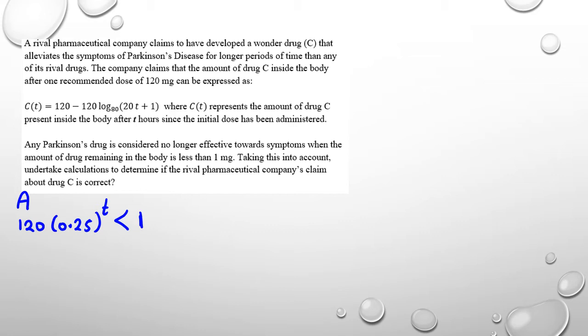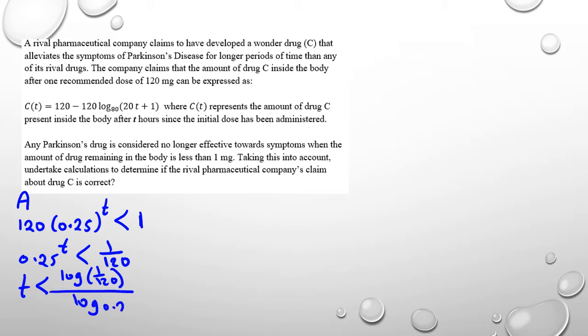So again, you would solve it using the log format. 0.25 to the power of t less than 1 over 120. So t should be less than, log both sides, log 0.25. So t less than, and calculate that in the calculator.